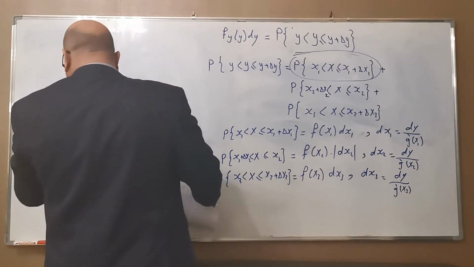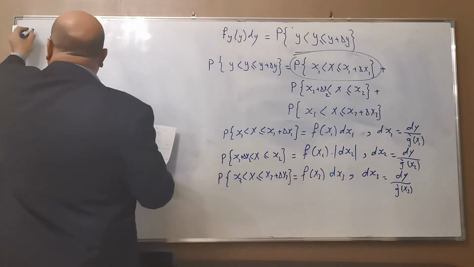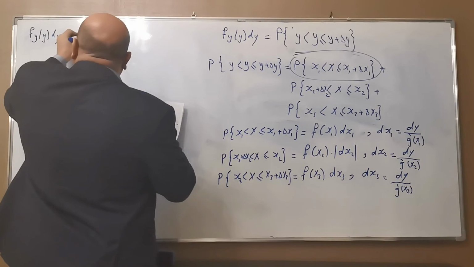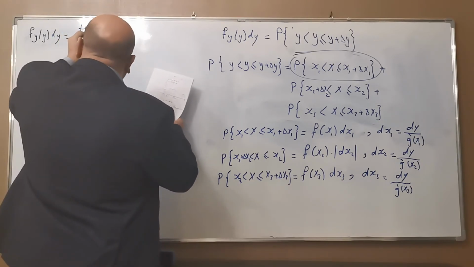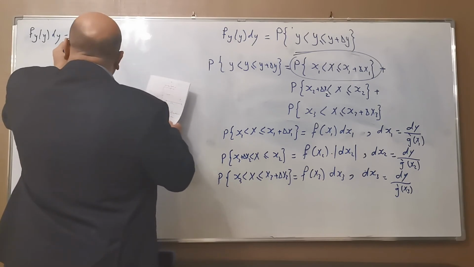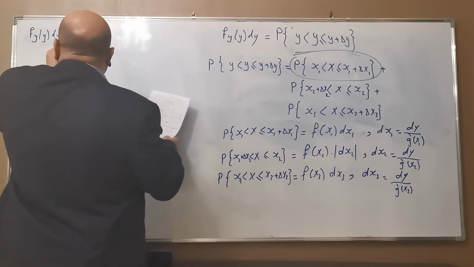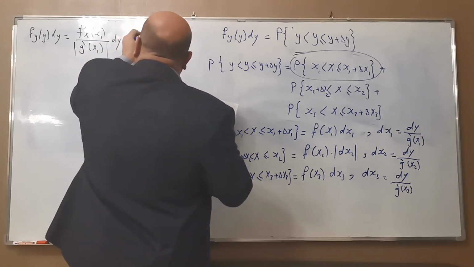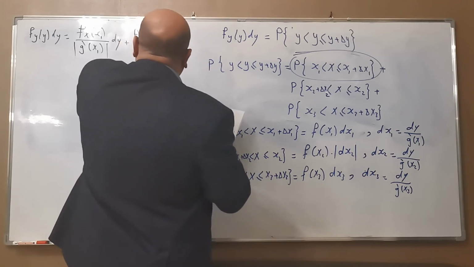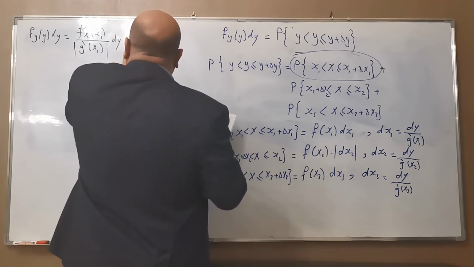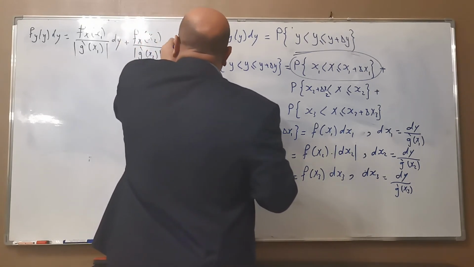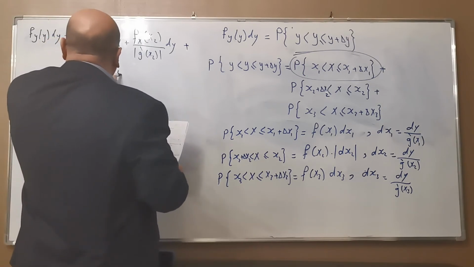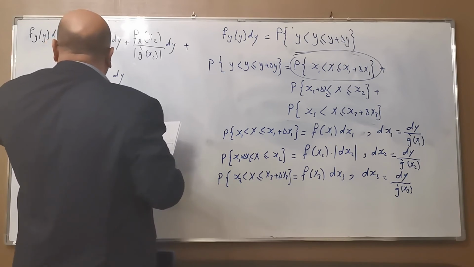So the theorem applies, and we can say that f_Y(y) dy is equal to f_X of x1 over the absolute value of g prime of x1 times dy, plus f_X of x2 times dy over g prime of x2, plus the third one, f_X of x3 times dy over the absolute value of g prime of x3.